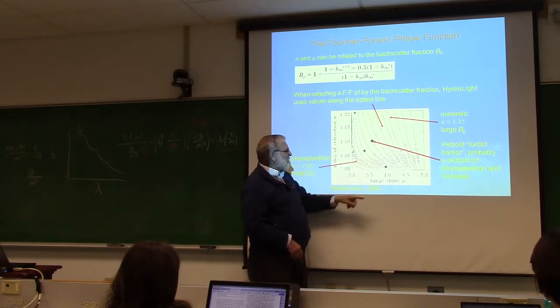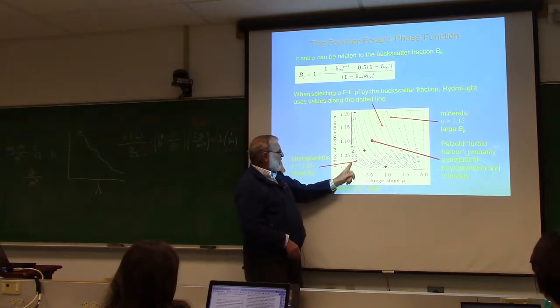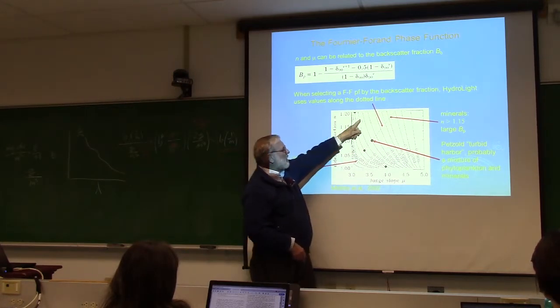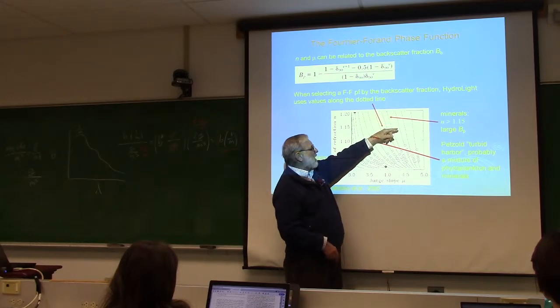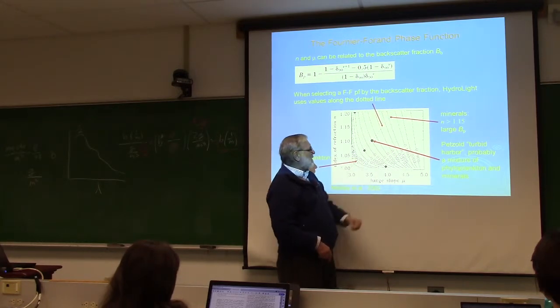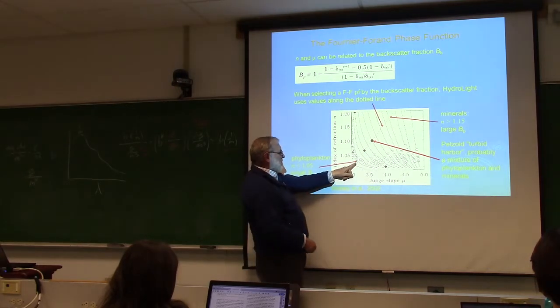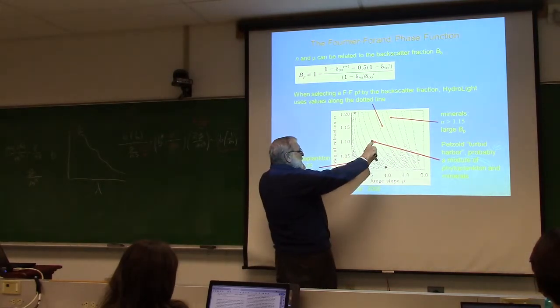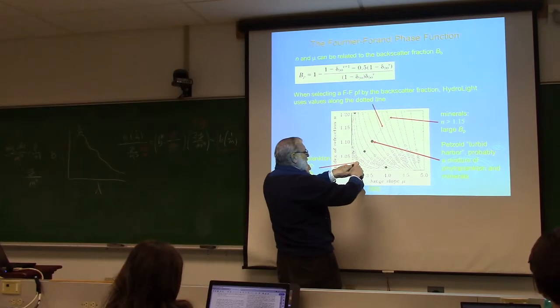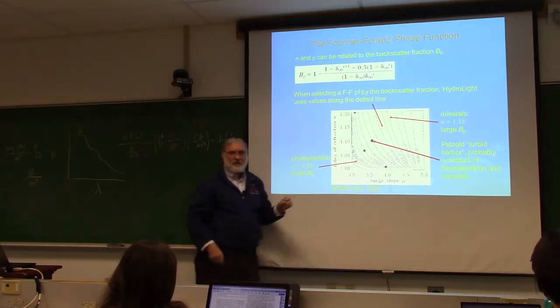And then phytoplankton have low index of refraction, so they're down here somewhere, so I'll pick a point here, or mineral particles are up here, high index of refraction, so I'll pick some point out here. So what I did, to show you what a good mathematician I am, I picked a point here and a point here from Petzold, and I was able to fit a straight line through the 2 points.